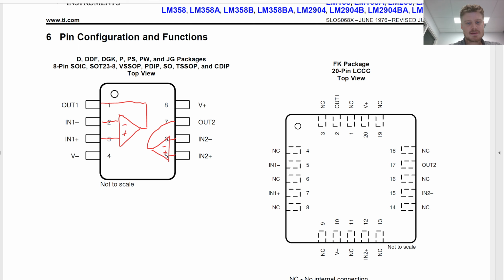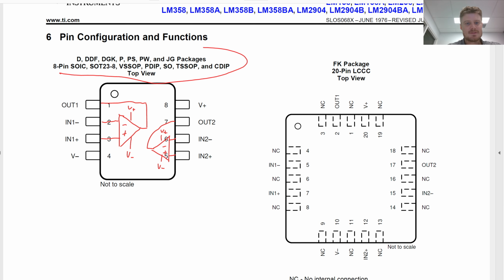And then, of course, there's the power supply rails. The power rails are pins 4 and 8, respectively. So there's a positive rail, V plus, and a negative rail, V minus, and those are shared by both of the op amps on the chip. So that's how you would actually use the physical part.